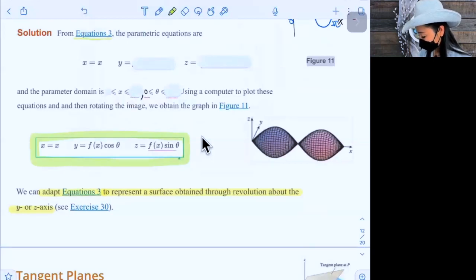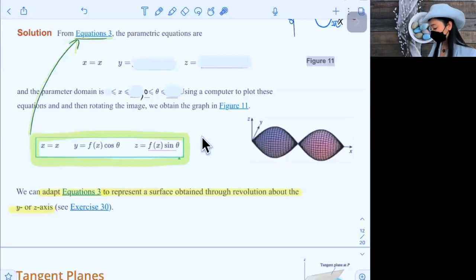Looking at this, remember when you have a surface of revolution, you can parameterize it using two parameters. One is going to be x, the other one is going to be theta, right?